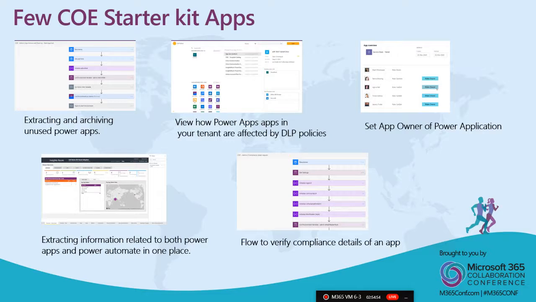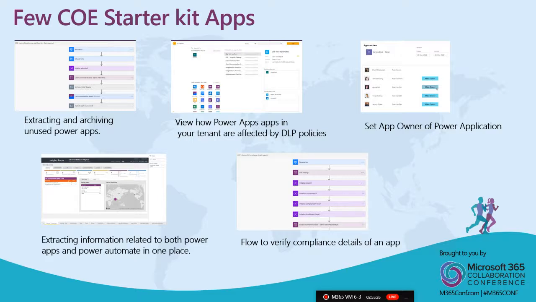And then there is the flow that defines the auditing process. It will verify the compliance details of an app. What it does is allow a user to start checking the compliance of the application, whether this application meets certain requirements and is compliant with the organization or not.